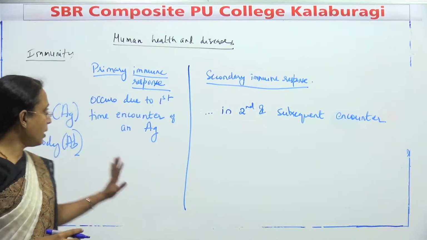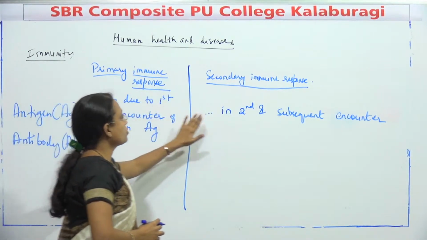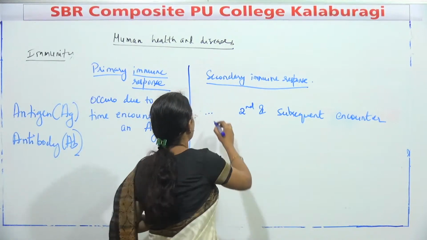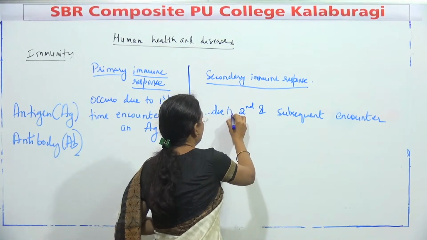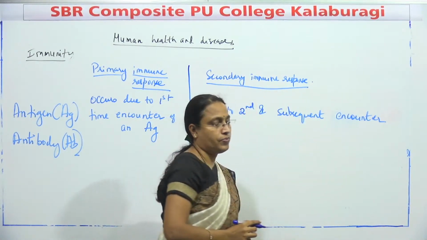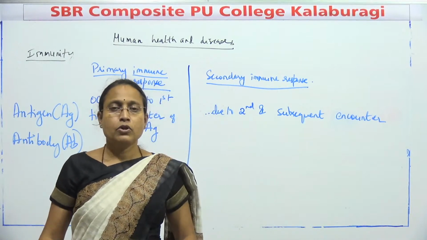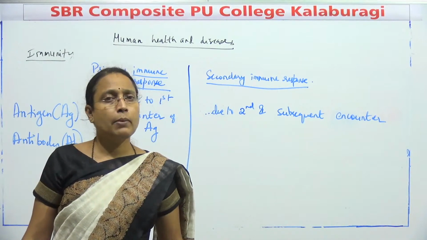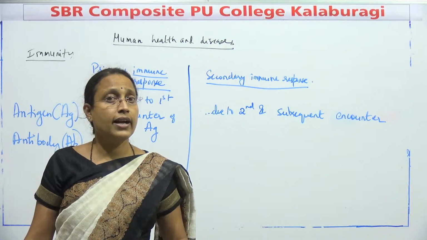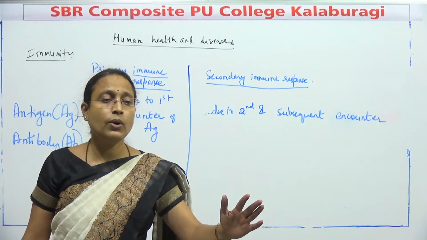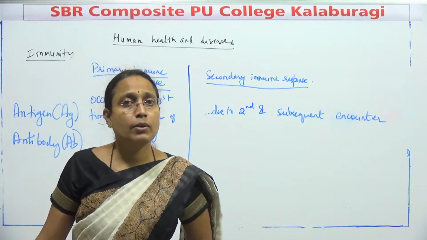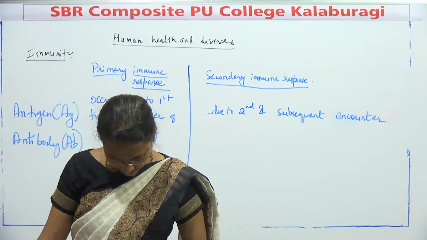So everything is the same, but it occurs due to second and subsequent encounters. Suppose a pathogen enters for the first time, the response inside will be primary. If the pathogen enters for the second time or any of the subsequent times, then the response is called secondary immune response.